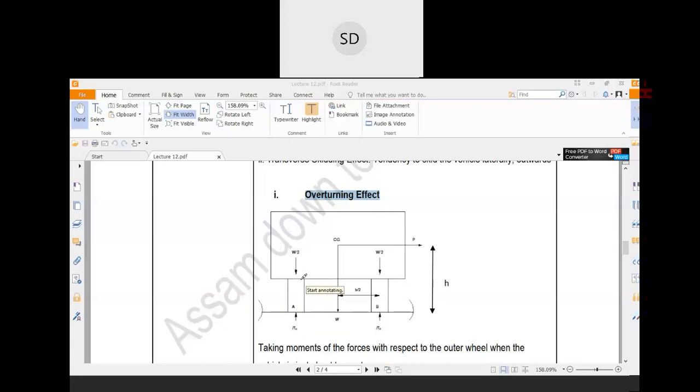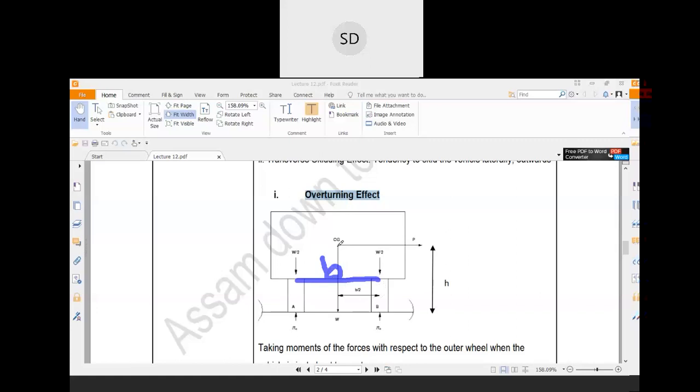Now the total distance between the central lines of the two tires is B, so that half portion would be B by 2.